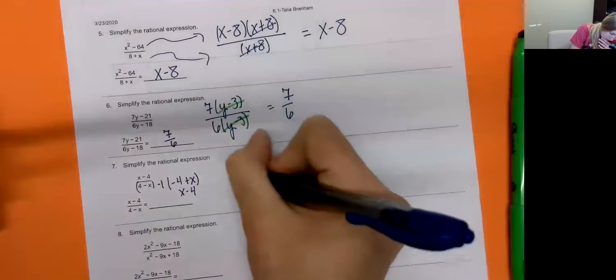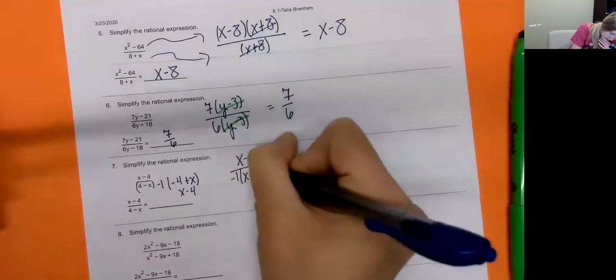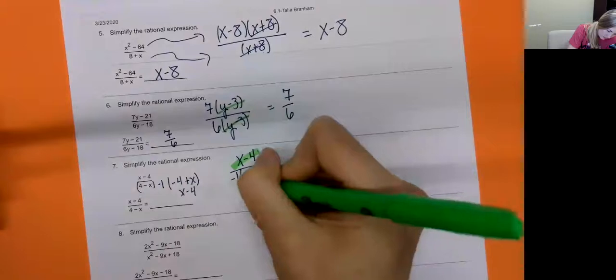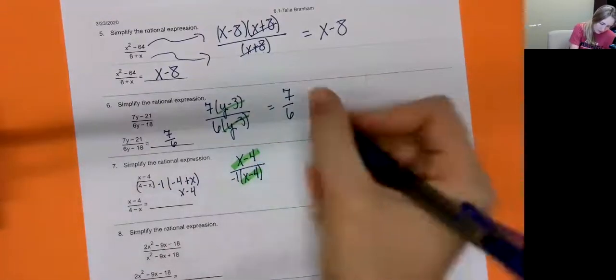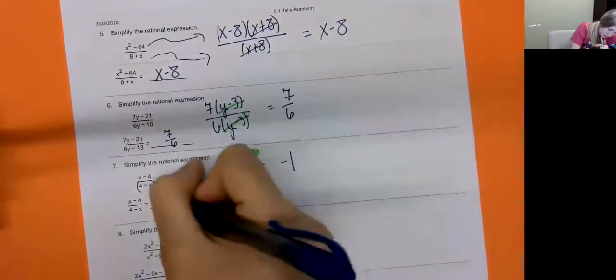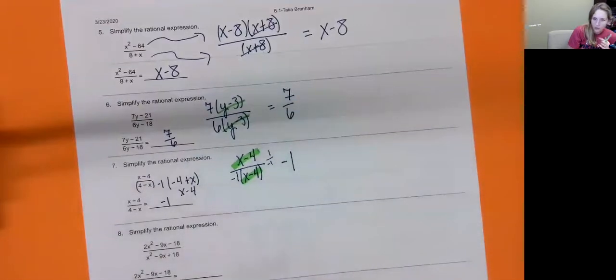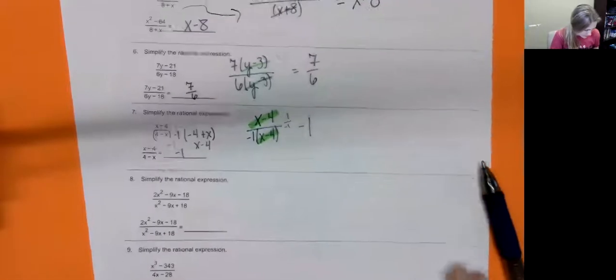So I'd have -1 times x subtract 4. Then these two would cancel, and I'd be left with -1. Because this would have been 1 over -1. I really like this stuff. That's the problem.